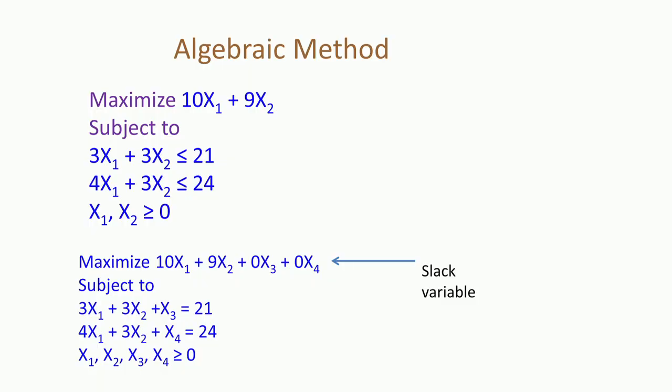So, under the assumption that we know to solve equations, let us see how we can apply that idea to solving the two given inequalities. In order to solve them as equations, the first thing is to write them as equations from inequalities. So, we have 3x1 plus 3x2 less than or equal to 21 and x1 x2 greater than or equal to 0.